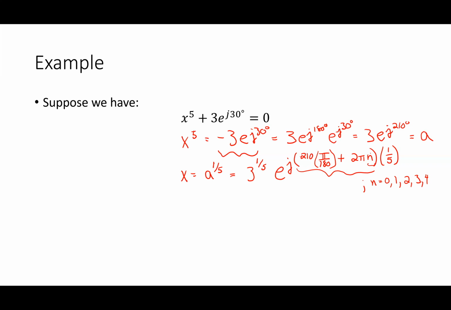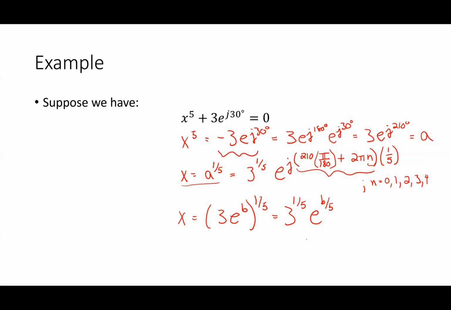But the reason I like to look at it this way is if x equals a to the 1/5, and a is equal to 3 exponential of number b like this, and I raise it to the 1/5 power, it's just 3 to the 1/5 e to the b over 5, okay?